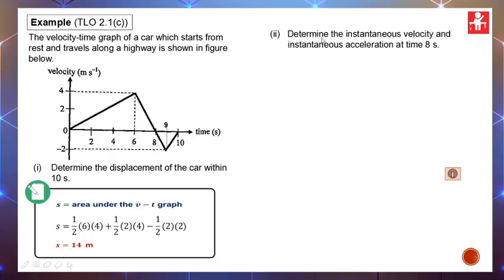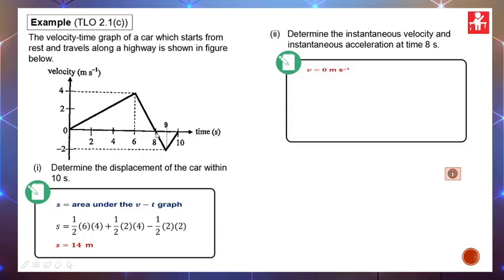Next, determine the instantaneous velocity at time 8 seconds. Determine the instantaneous acceleration at time 8 seconds. Here it is. What is the instantaneous velocity at this particular time? It is obviously 0 meters per second. And now, how to calculate the instantaneous acceleration? Acceleration is the gradient of the VT graph.